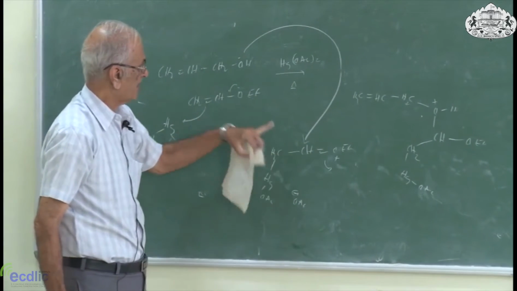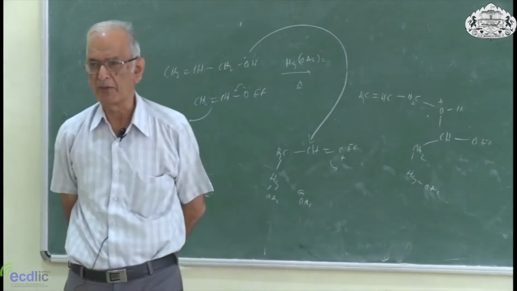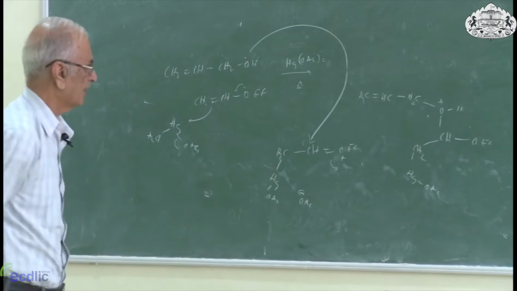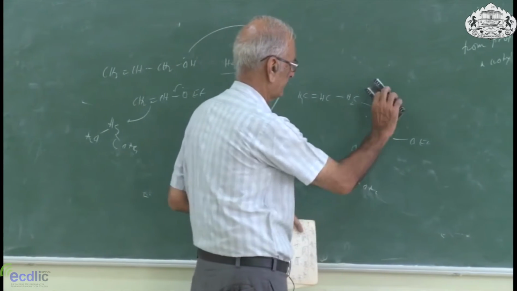So, positive species is being attacked by neutral species. So, there must be one positive charge. Okay. Lose a proton.